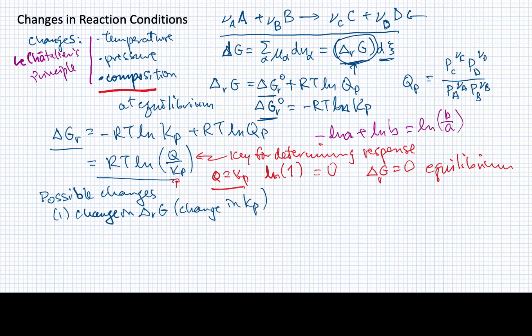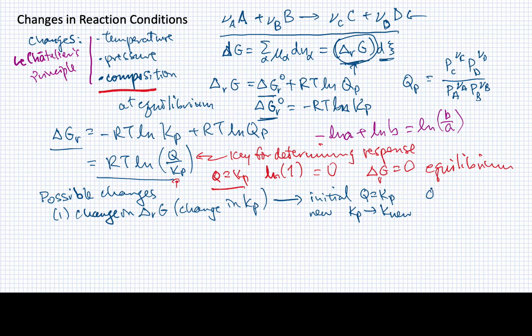Okay? And what this will mean in terms of before and after shots is that my initial state, that is when I'm initially at equilibrium, in that state I'm going to have Q equals Kp. Okay, we're in a state of equilibrium. In my new state, what I'm going to have is that Kp is going to go to some new value.